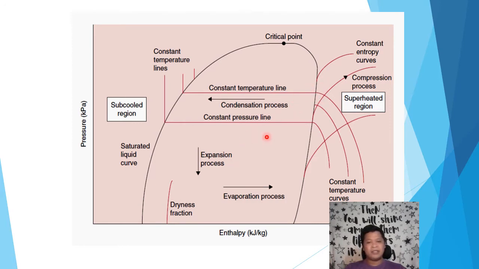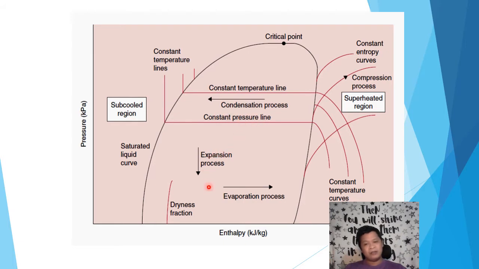Okay. In the next slide, we'll see the whole picture of it now. So I want you to take note of this. So in the subcooled region, the vertical lines indicate constant temperature. On the other hand, in the vapor liquid mixture region, horizontal lines are constant pressure and constant temperature lines.